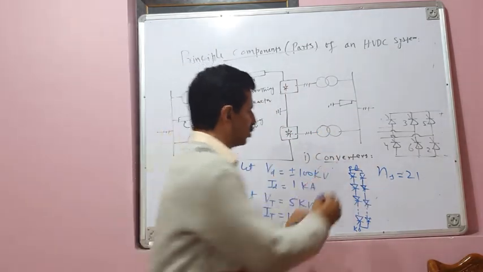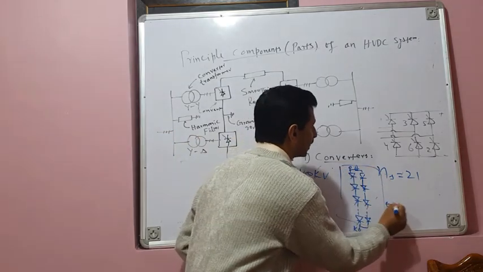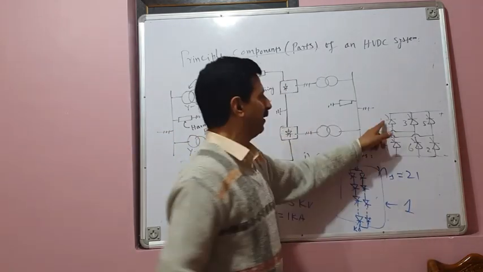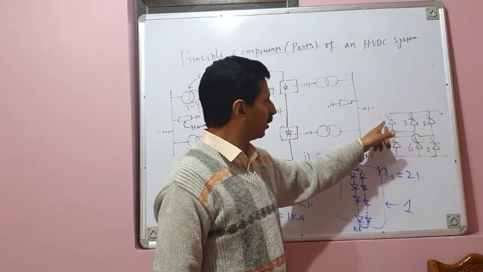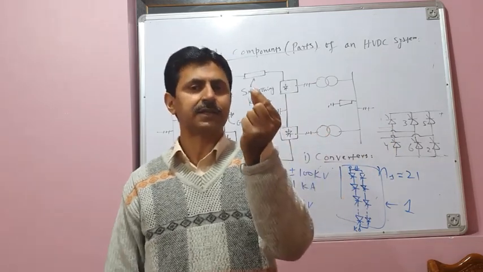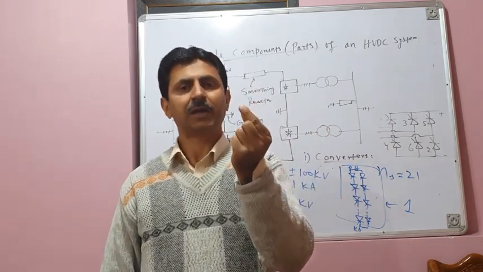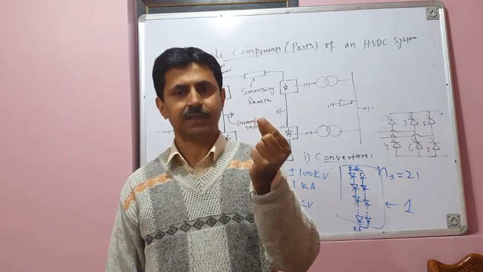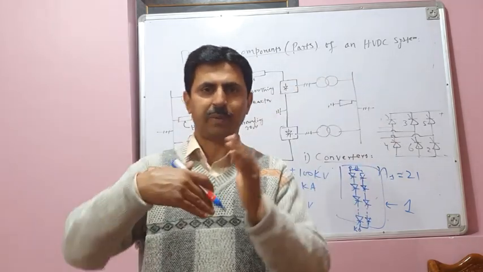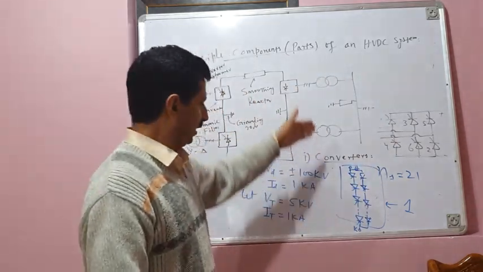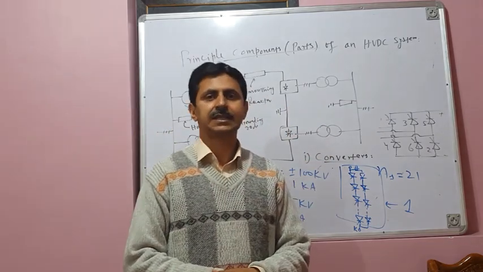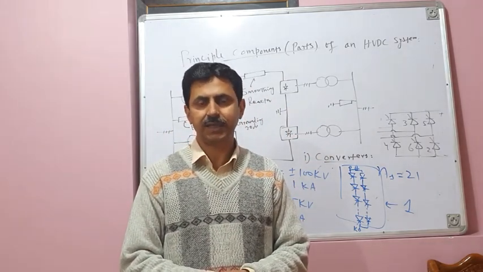So this becomes your valve. This may be your thyristor 1, which I have written here as valve 1. Although here it looks like a single SCR, my dear students, it is not a single SCR. It is a series and parallel combination of SCRs. It may comprise dozens of SCRs in series and parallel.